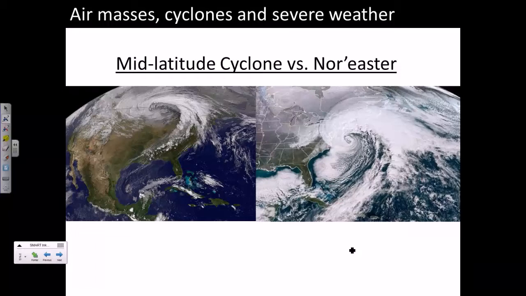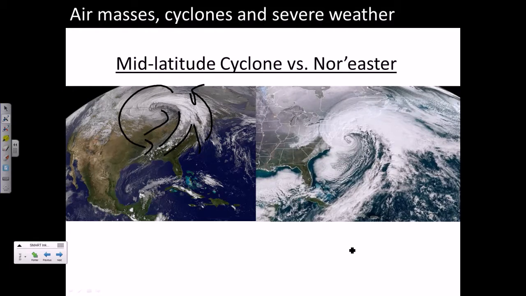Here are some more examples of cyclones. On the left-hand side, we have the mid-latitude cyclone, right? Notice the shape, notice the distribution or absence of clouds within the system, and notice that it is rotating in a counterclockwise fashion, right?